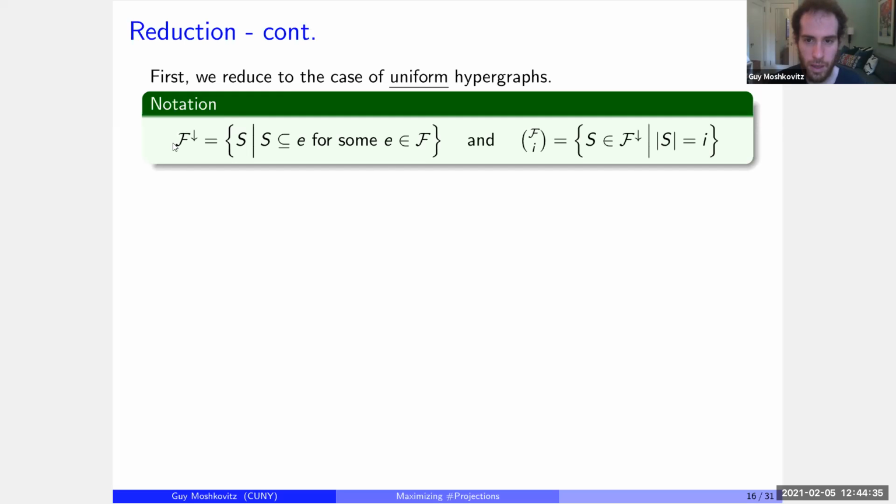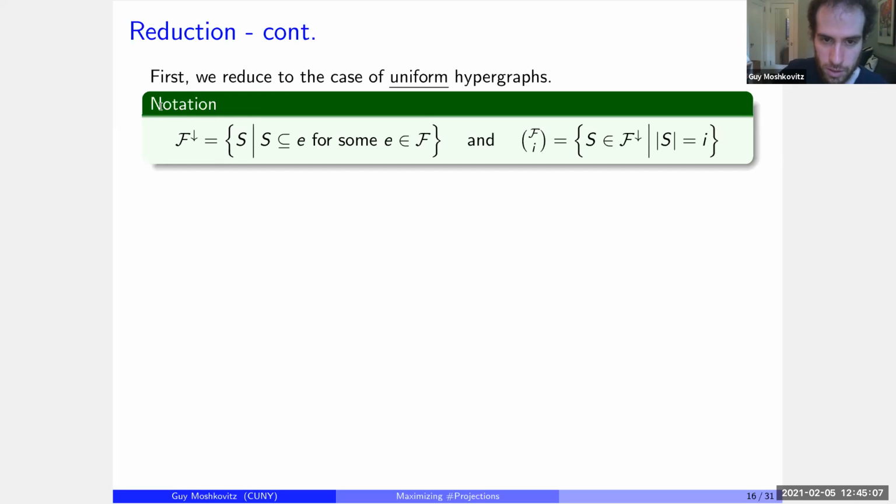Okay, and F choose I, well, notice that this closure naturally is graded, right? It has sets of size 0, 1, 2, 3, etc. So the closure is a union of these layers. F choose I: these are all the subsets of an edge of size I. So we need to get used to these two pieces of notation because we're going to use them.